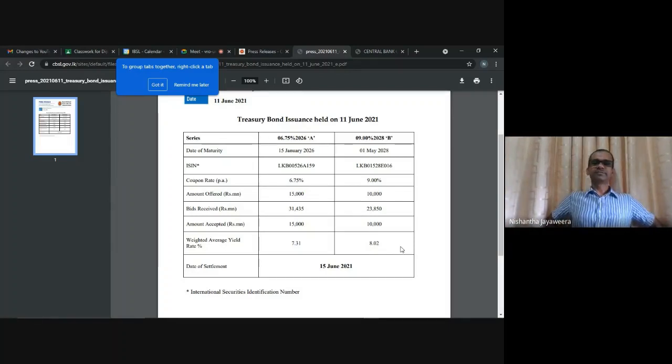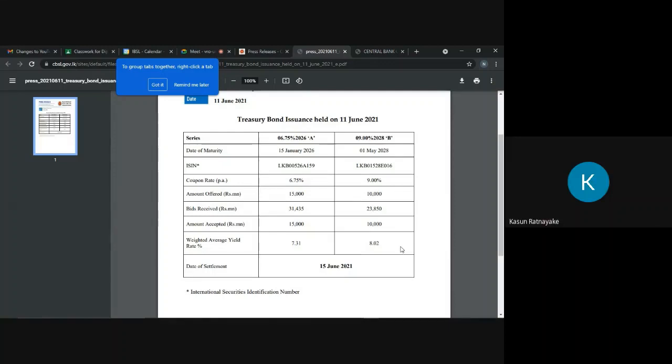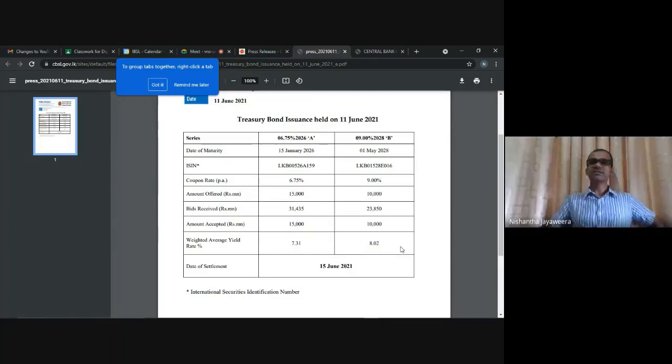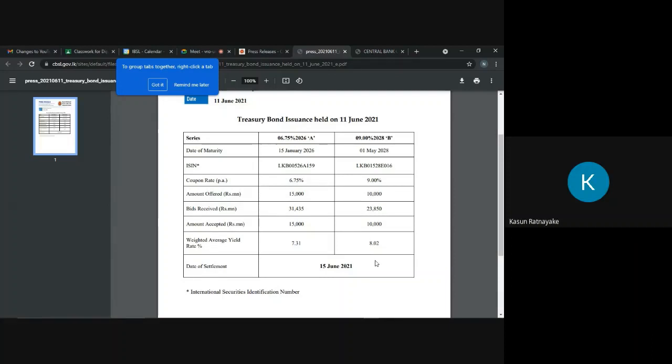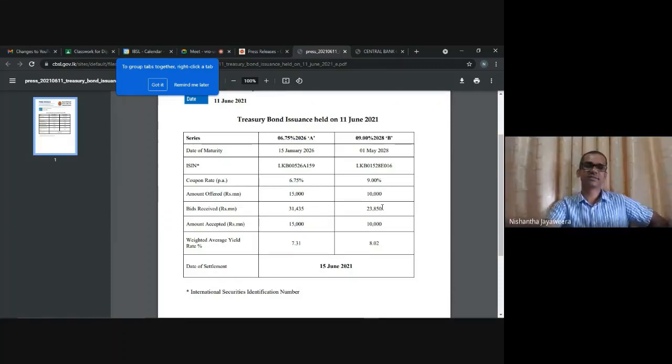Okay. Yes, sir. Then, as per this sheet, we can get some kind of market indication also, because ultimately this would be the market weighted average yield. Yes, because you are getting more bids than the amount offered. That means there is a market sentiment for long-term bonds. There's a demand.